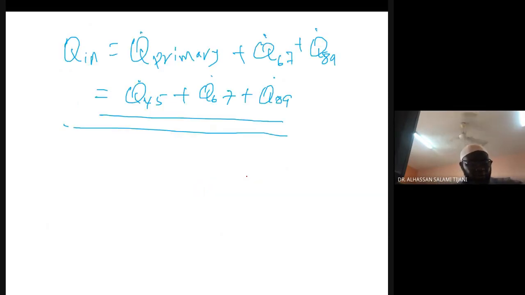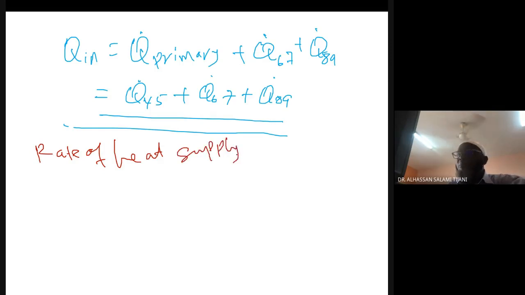of heat supply to the cycle. I've already defined it from here, but another equation can also be used: Q in equals Q combustion.